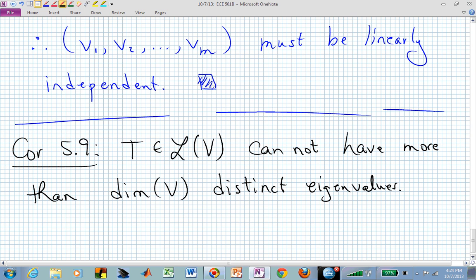So if we had a four-dimensional space, we better not be saying we have 5 distinct eigenvalues. We can only have as many as 4. We may not have that many, but that's the best we could do as far as distinct eigenvalues are concerned.